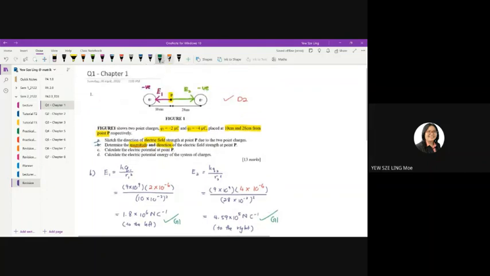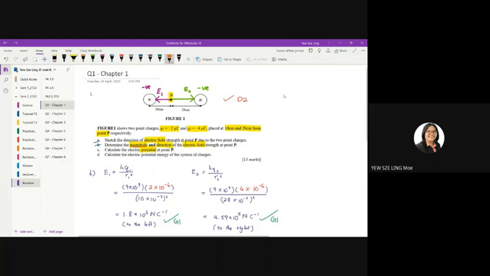Now, let's look at question C. Question C asks you to calculate electric potential. Questions A and B are about electric field, so question C is now asking for electric potential.